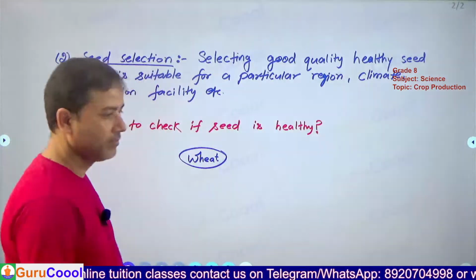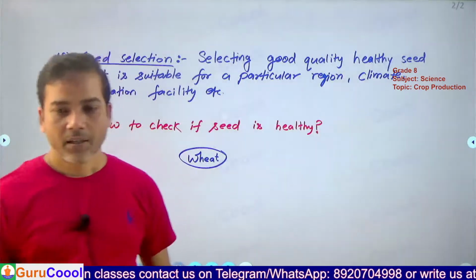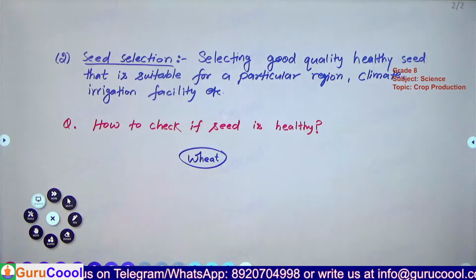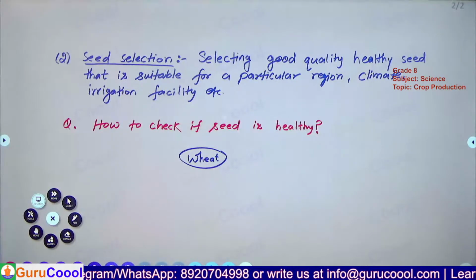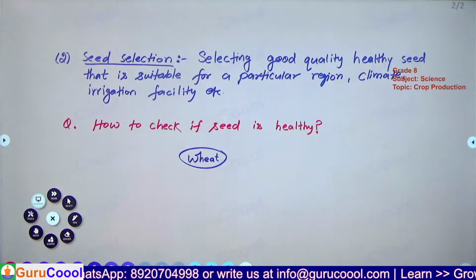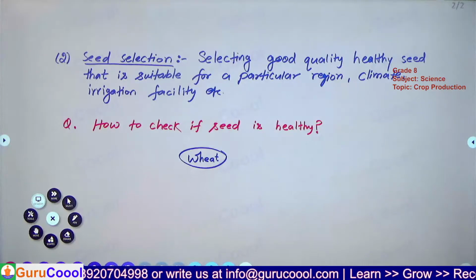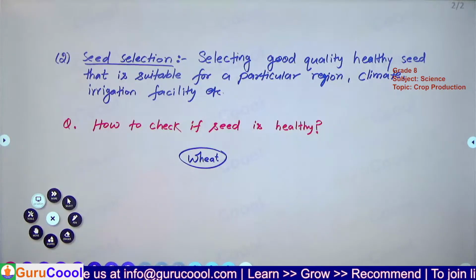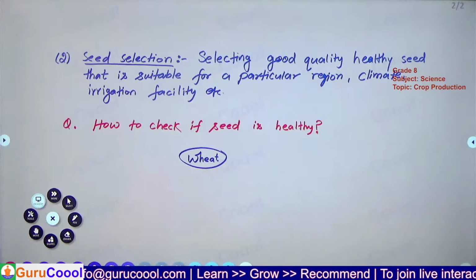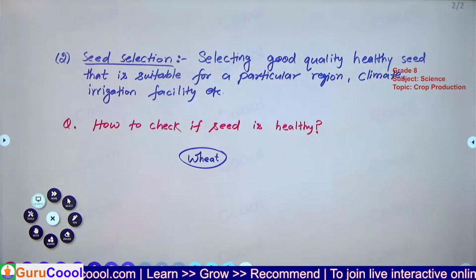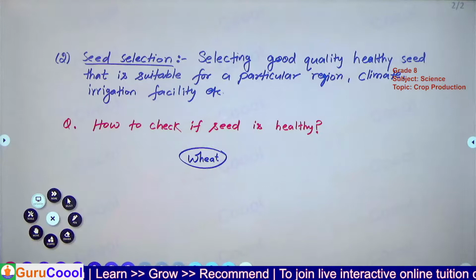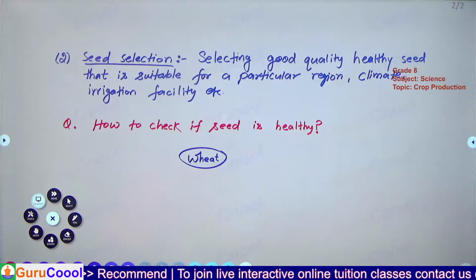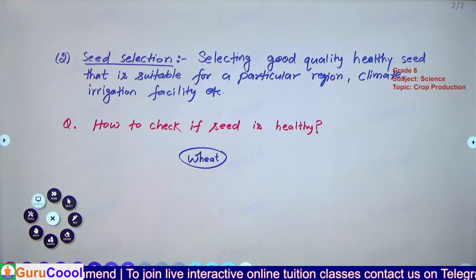Sir, does this method work with vegetables also? Keep your mic first. How many times I have to say that? Sir, does this way also work with vegetables? Does this way also what? Sir, does this method also work with vegetables? Yes, if you are checking the seeds of the vegetables, yes, this method will work.